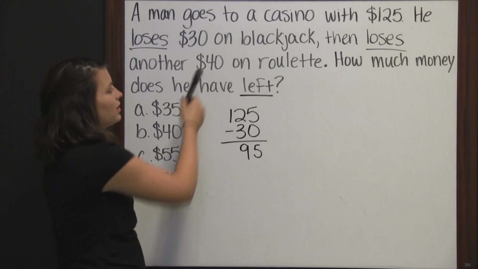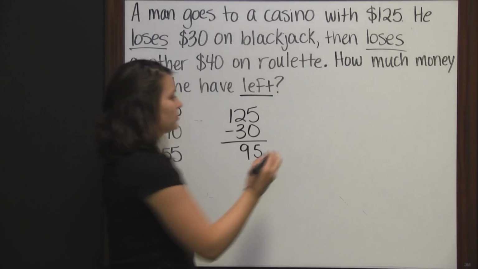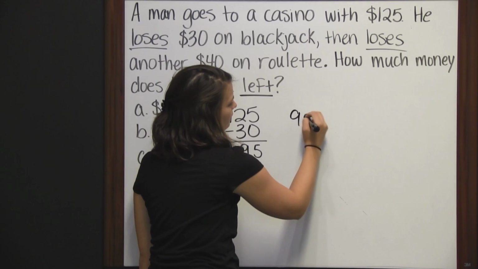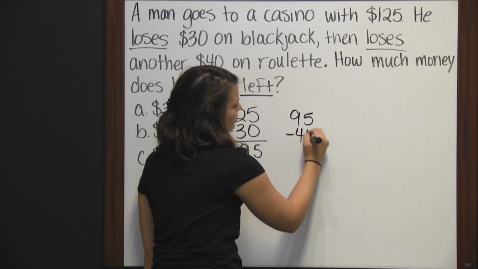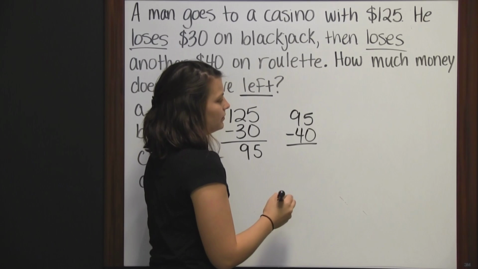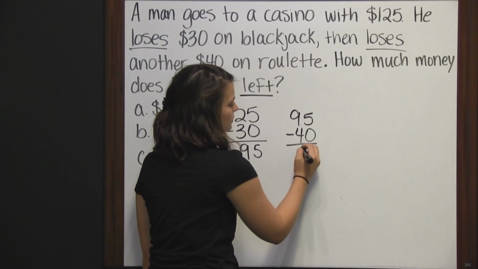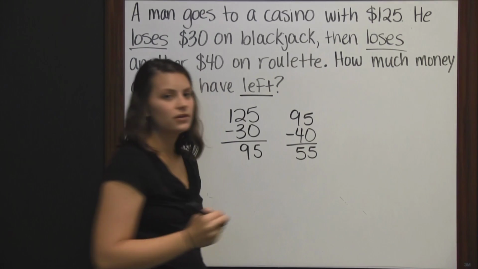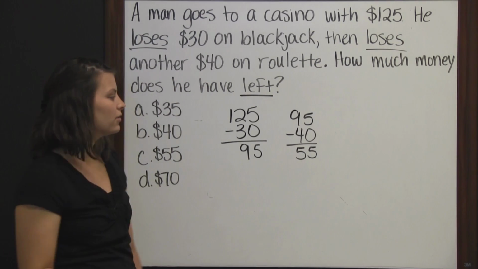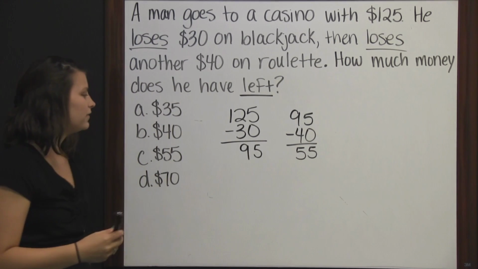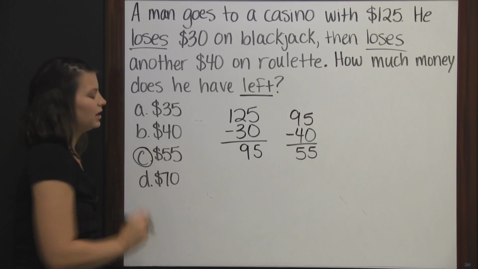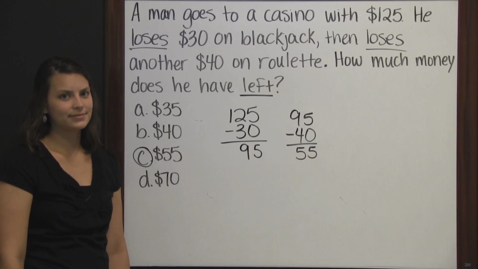But then he lost $40. So from that 95 he had, he lost another 40. 5 minus 0 is 5, and 9 minus 4 is 5. So that means after all the money he lost, he was left with $55. Answer choice C.